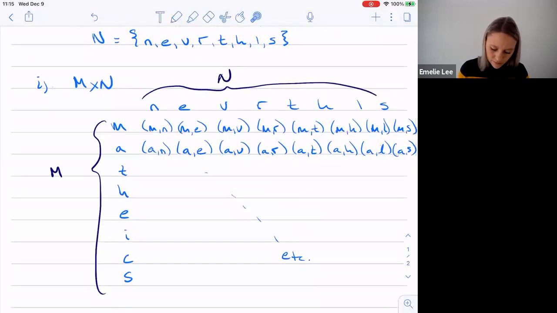So this, right, this is from your M, and the second term in the coordinates, it's all coming back. The second coordinate is from the second set.